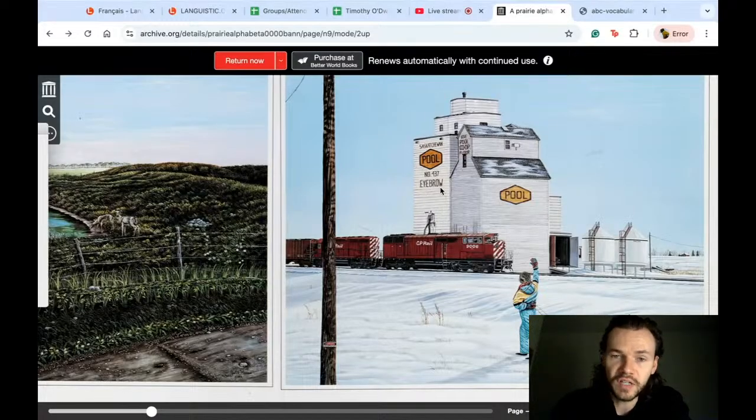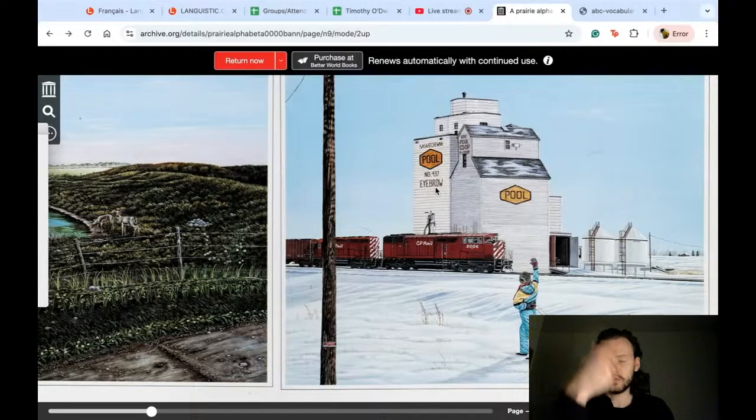And here we even have another E word, the small town of Eyebrow, Saskatchewan. Eyebrow, that's a real part of the body. An eyebrow is on your face.